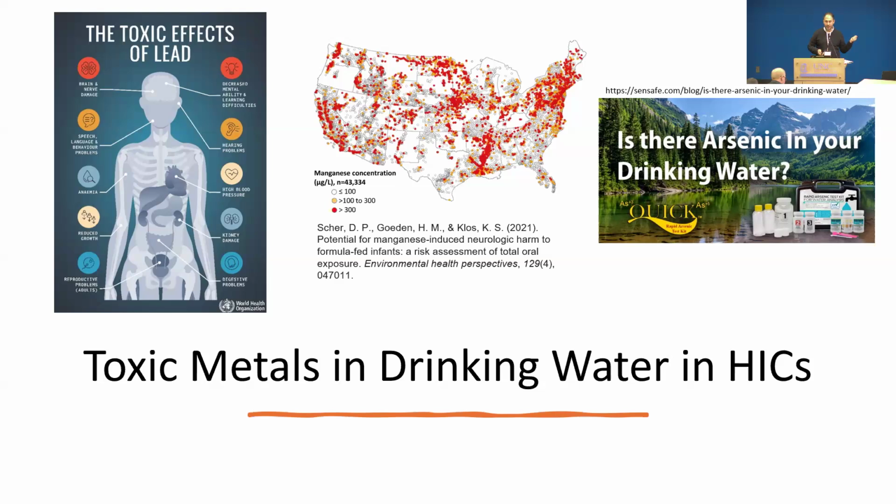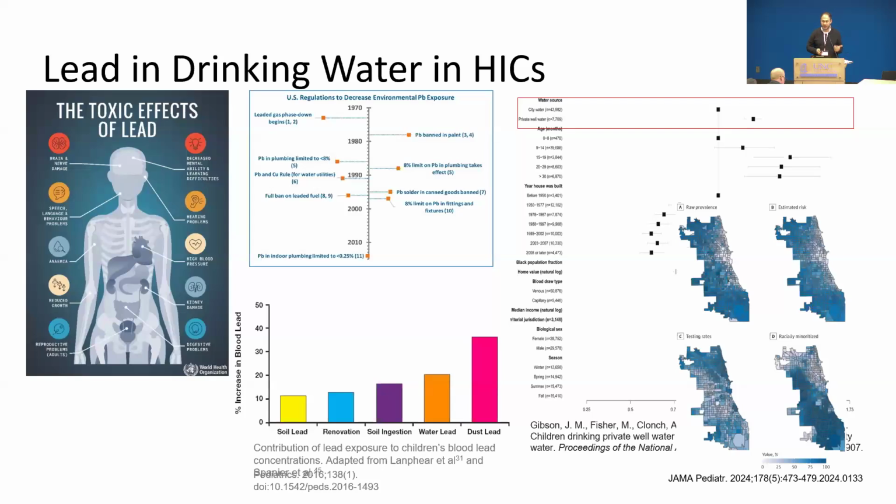And so, there's a wealth of things we could talk about, but I wanted to zoom in on lead, manganese, and arsenic as ones where there may be a bit of a twist in each of these stories that could be useful.